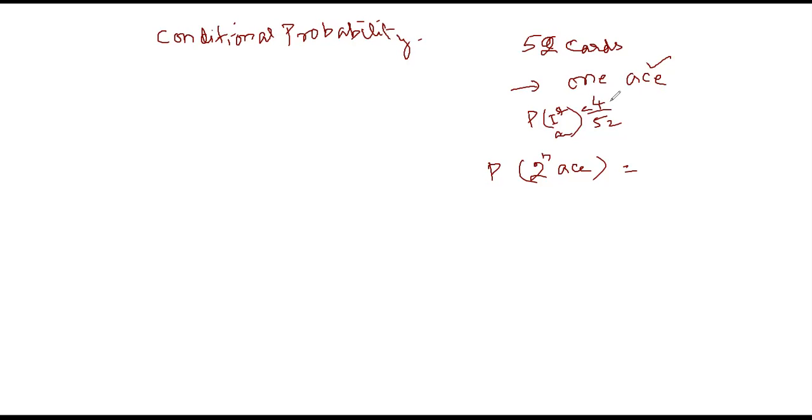So out of four, one ace has been taken, so three are left, and here the total will become 51. So this is the condition. The condition has been applied for the second event. This type of probability is called conditional probability. Some conditions are applied here, and on that basis, we will find the probability.